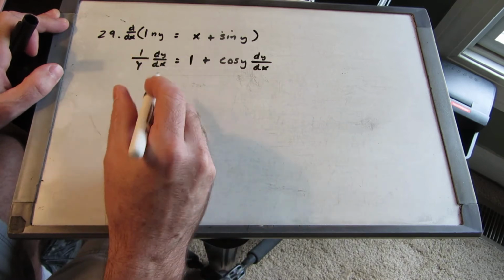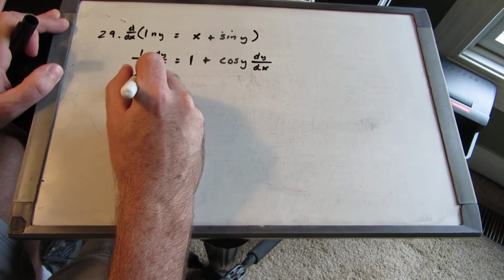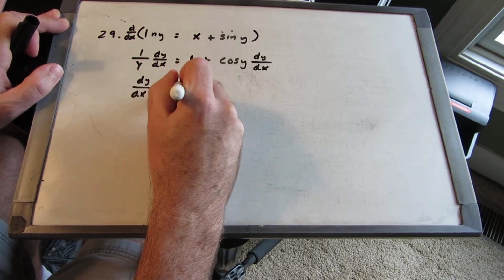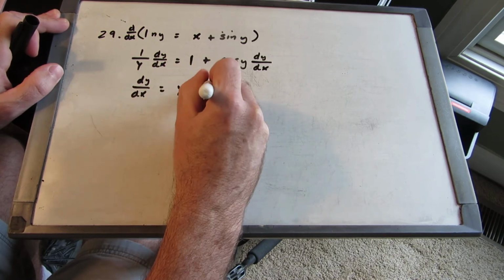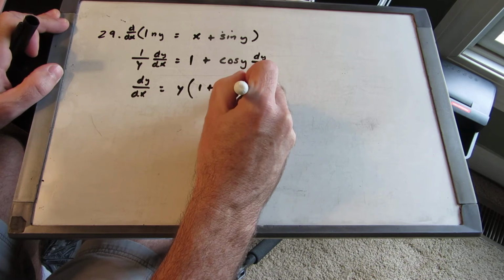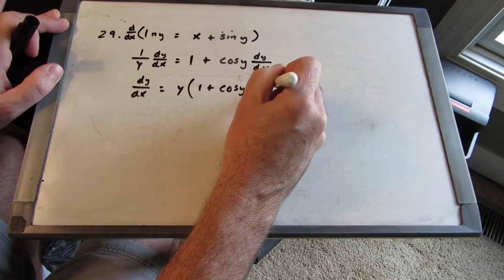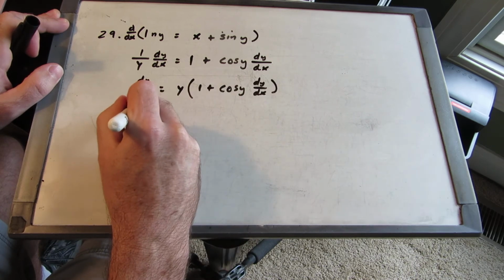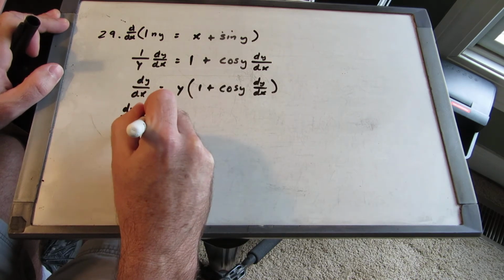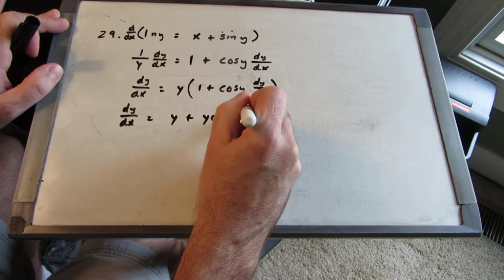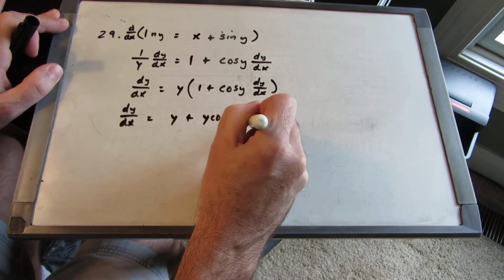That gets rid of the 1 over y. So you would have dy dx is equal to y times 1 plus cosine y dy dx. So dy dx is equal to y plus y cosine y dy dx.